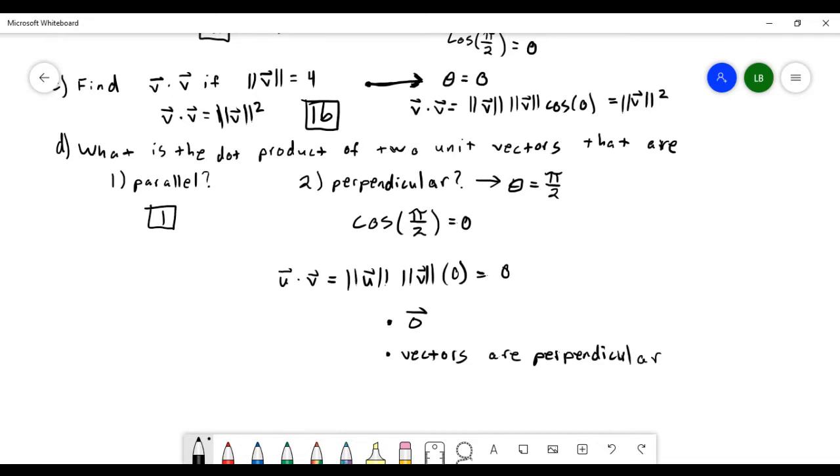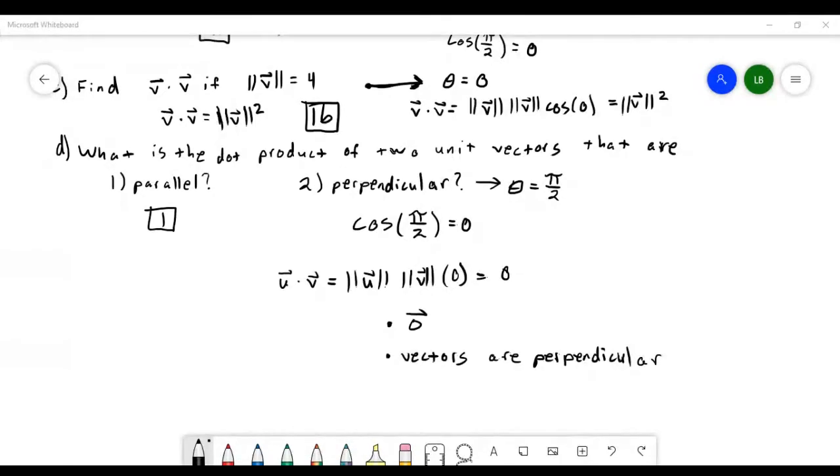So if you take the dot product of two vectors and neither of them is the 0 vector, you know your vectors have to be perpendicular. Any questions?